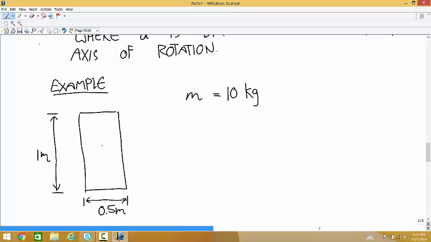So let's calculate the mass moment of inertia about A, B, and C. So first we're going to calculate I sub A, then I sub B, then I sub C.